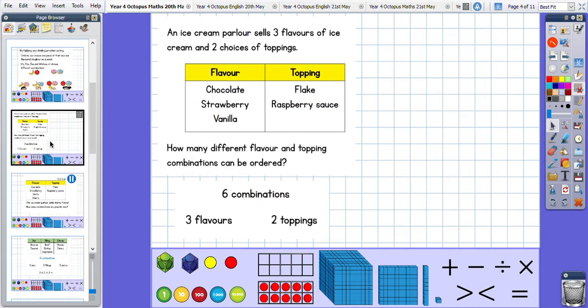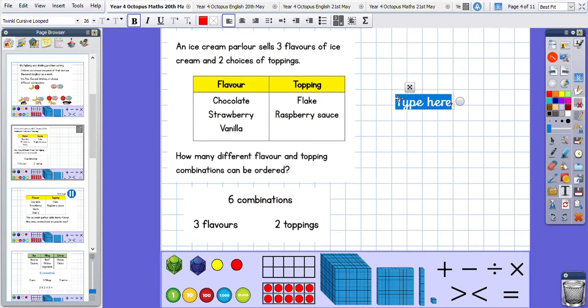Okay, so an ice cream parlour sells 3 flavours of ice cream and 2 choices of toppings. How many different flavours and topping combinations could be ordered? So we could have a chocolate ice cream with a flake. That's one option.